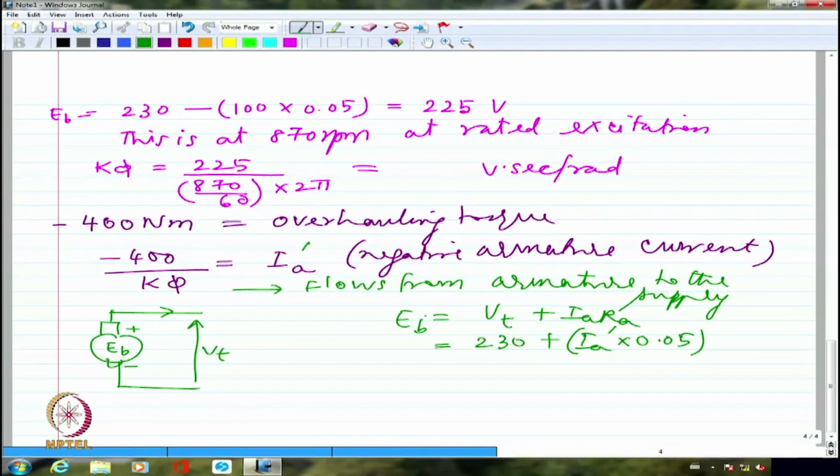Right? So IA is governed by the difference between EB and VT. VT is fixed and EB depends upon the speed. So obviously this can happen only at a speed greater than 870 RPM. It can't happen at 870. Obviously. Is this clear? Yes.